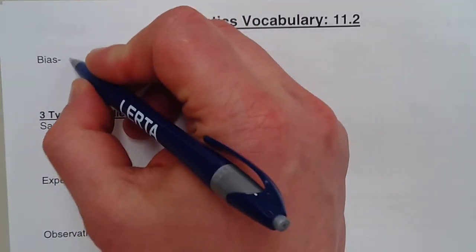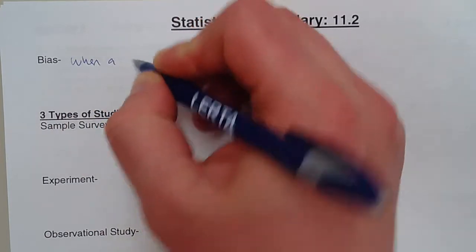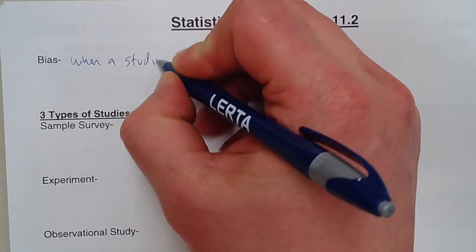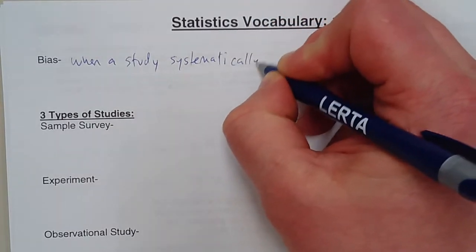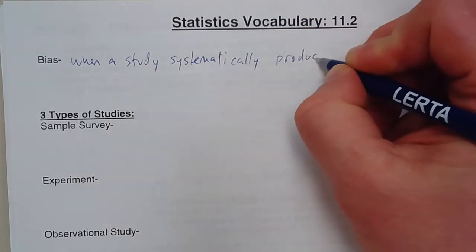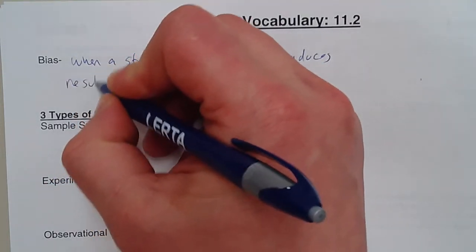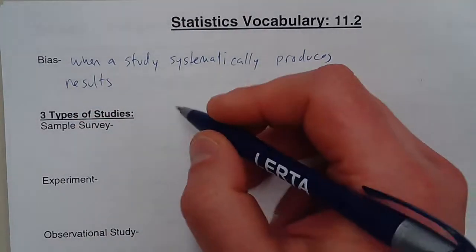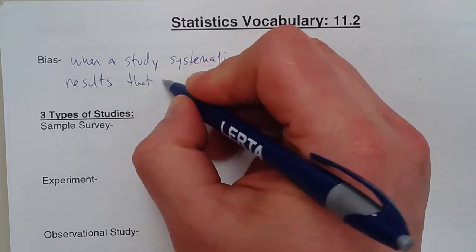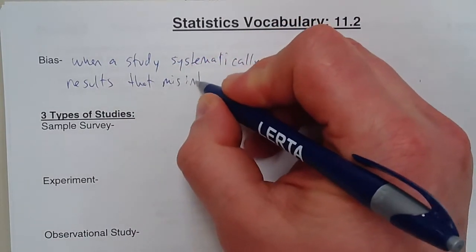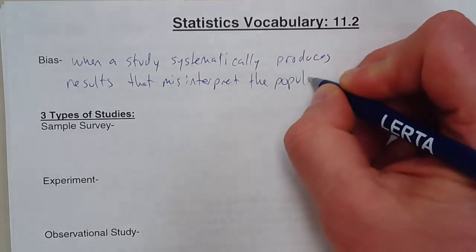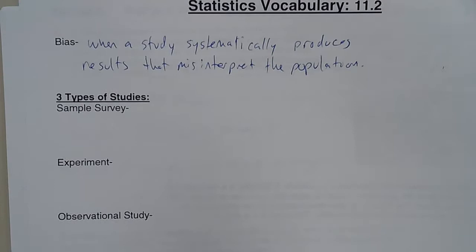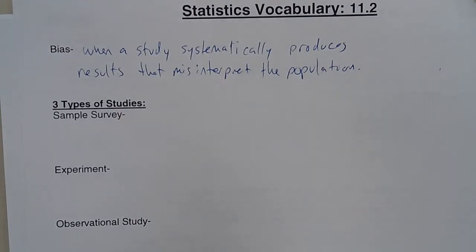So bias is when a study systematically produces results that misinterpret the population.